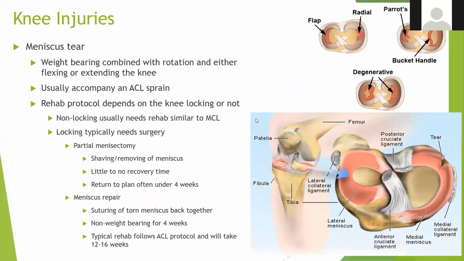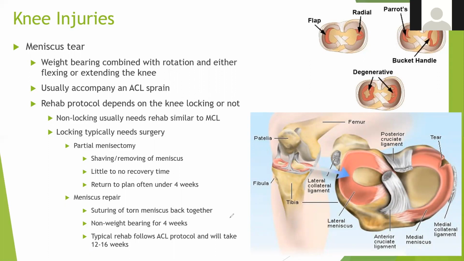For a meniscus tear, again, same kind of things you have with, say, an ACL injury, you're going to run risk of. You can also get this from doing a lot of overuse. Your meniscus is cartilage. Cartilage is very avascular.